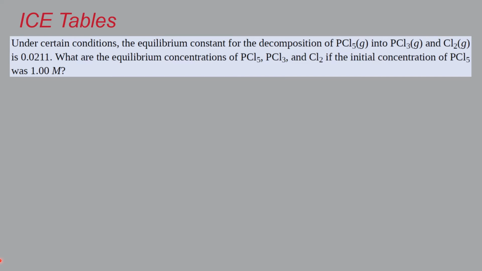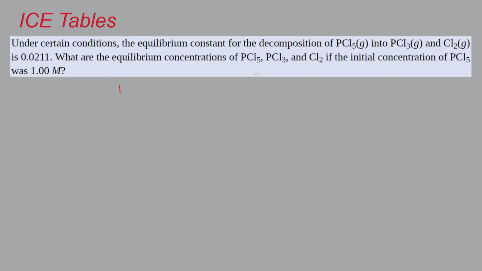Well, first, I highly recommend you write down the reaction that you're talking about. So always look at the reaction. We're talking about the decomposition of phosphorus pentachloride into phosphorus trichloride and molecular chlorine.